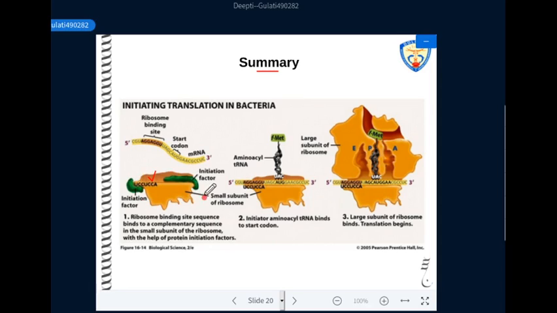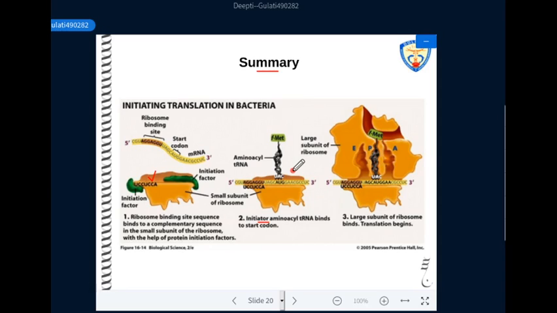So once the 30S initiation complex attaches to the messenger RNA, the second step is binding of the initiator tRNA to the start codon, that is AUG. This is brought by initiation factor 2, which brings in a molecule of GTP as well. So this is placed properly on the P site.